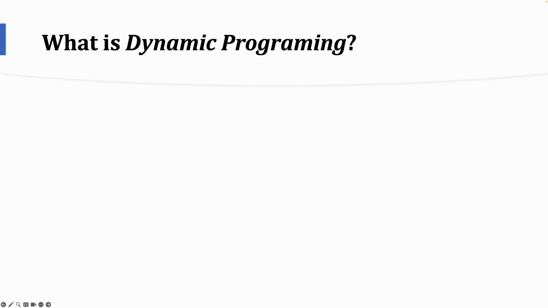But first things first, what exactly is dynamic programming? At its core, dynamic programming is a methodology for solving complex problems by breaking them down into simpler, overlapping subproblems. Each subproblem then is solved only once, with the result stored for future reference.